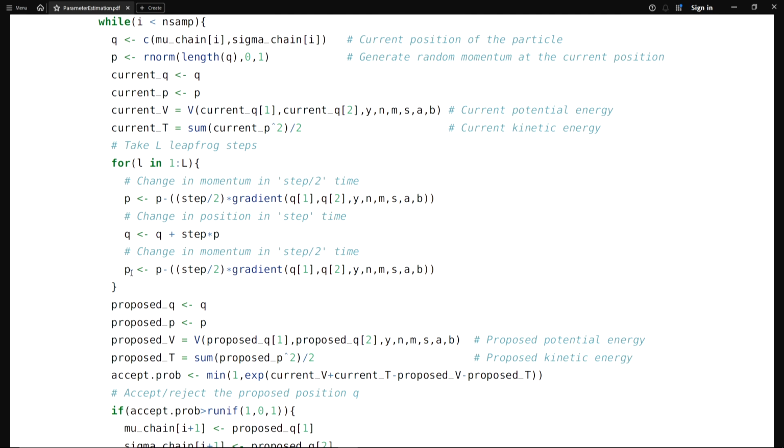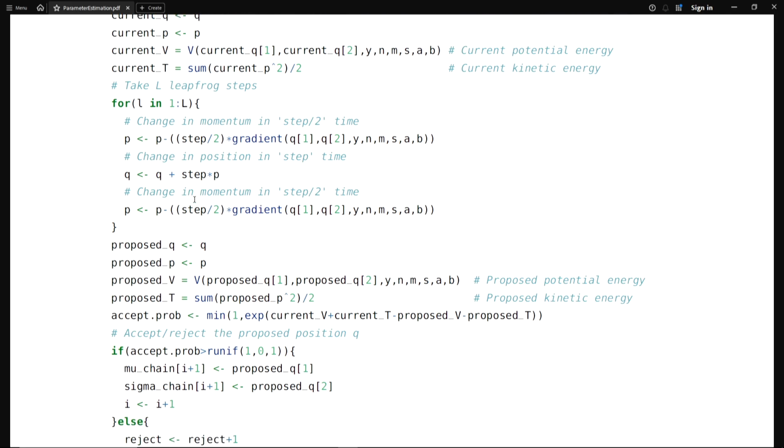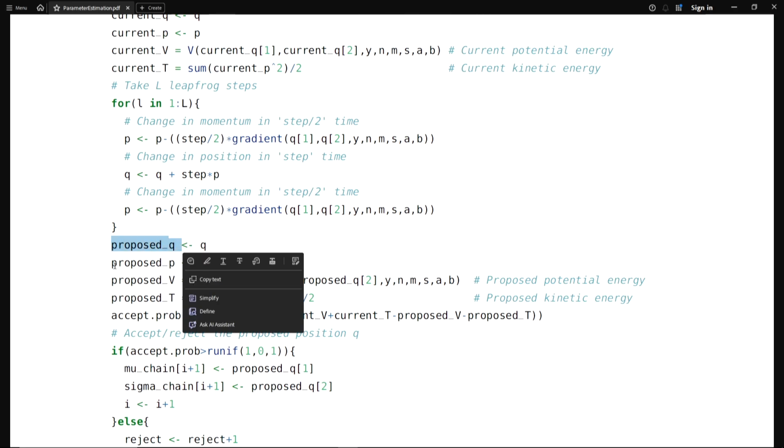And then a half step update in momentum again, P minus step over 2 into gradient. Finally, after L steps, the final position P and Q will be my proposed P and proposed Q.